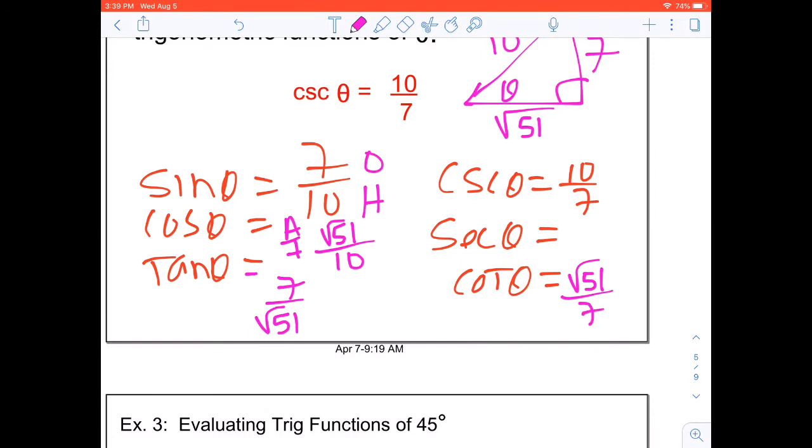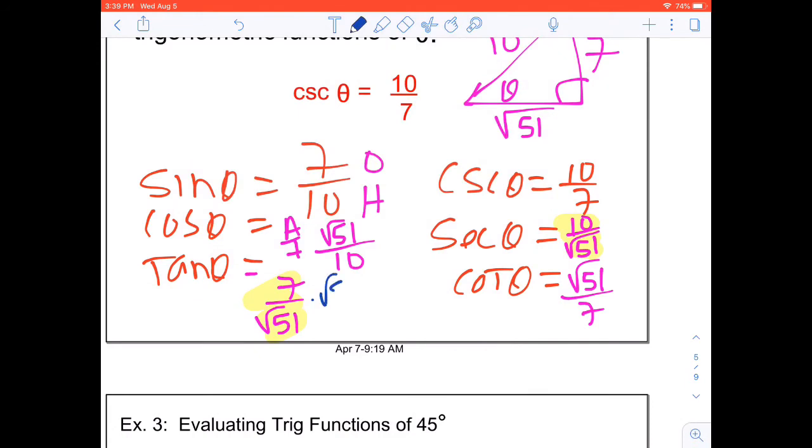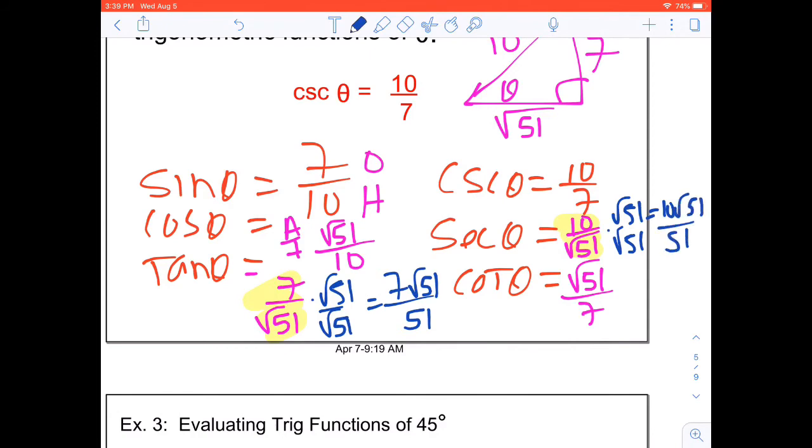That's less rationalizing. And if I do the secant, I get 10 over the square root of 51. So I'm going to have to rationalize the secant and the tangent. And so when I multiply by root 51 over root 51, I get 7 root 51 over 51. And similarly here, we're going to get 10 root 51 all over 51.